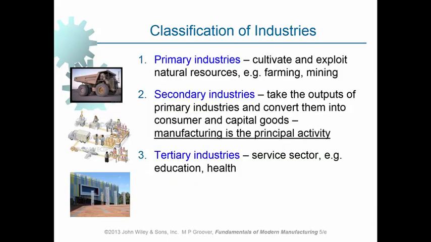Well, let's move on. There is a classification for different industries. In this slide here we can see that we can classify industries into three different types. Those are primary industries, secondary industries, and tertiary industries. A primary industry is one that cultivates and exploits natural resources, such as agriculture or mining.